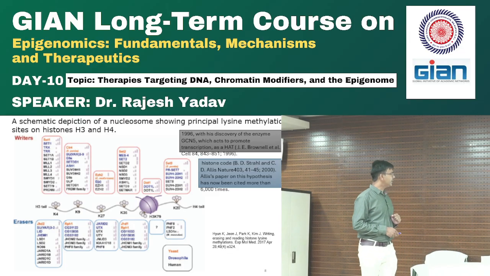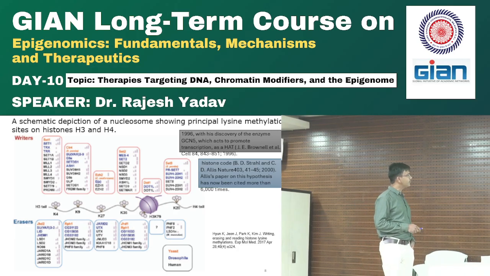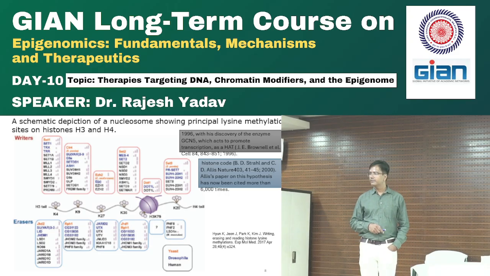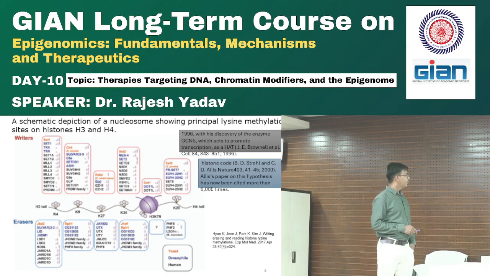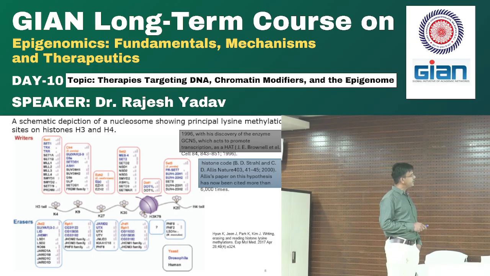So let me focus on one, because I'm talking too much about K9 and K27. So I will focus my discussion on this only. If I'm able to show this and these two, then my job is done, if you understand how to design an inhibitor against this. So in yeast, you have only one enzyme.